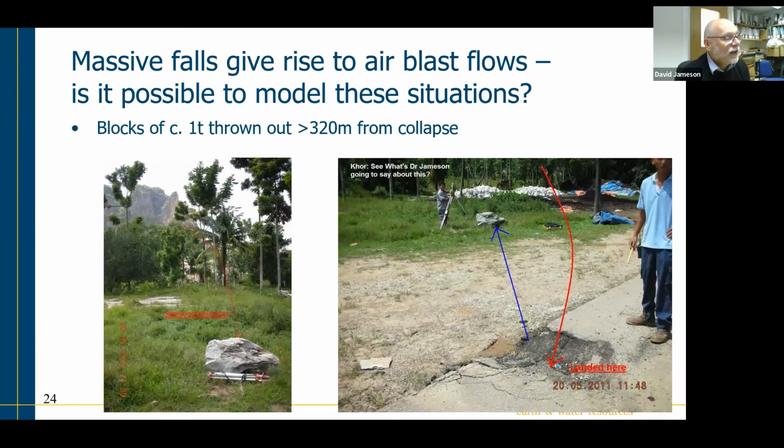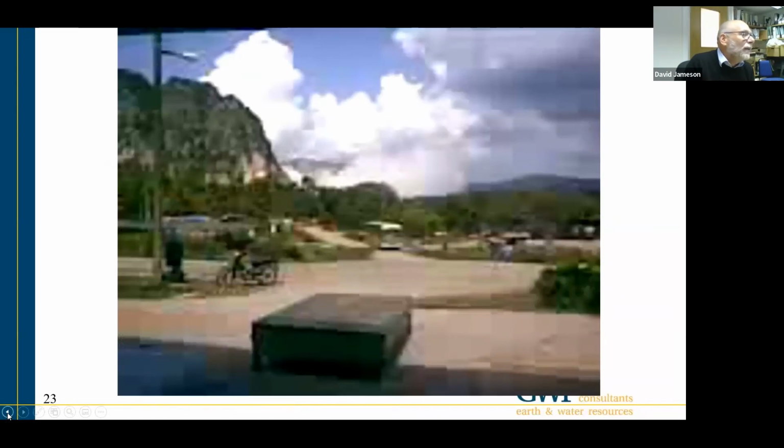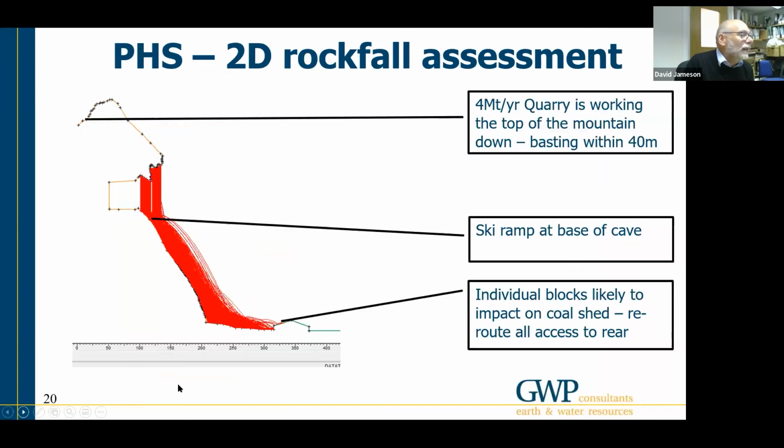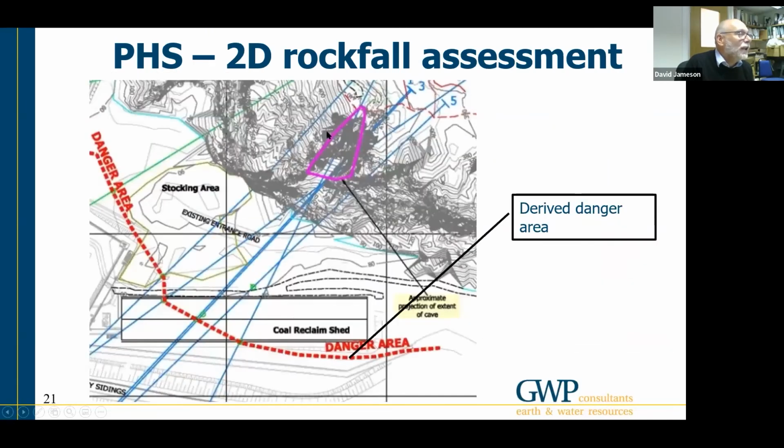And at that site in Malaysia, where I was standing taking the photograph, I'll just go back a couple of slides. I was standing down here looking up that slope.